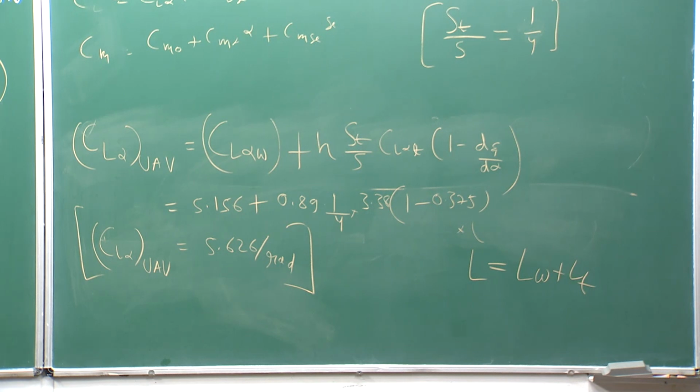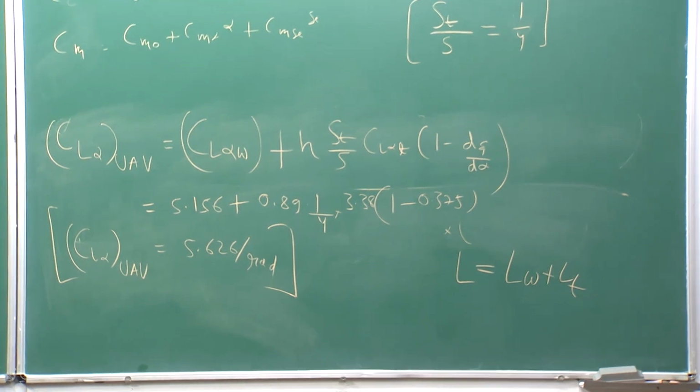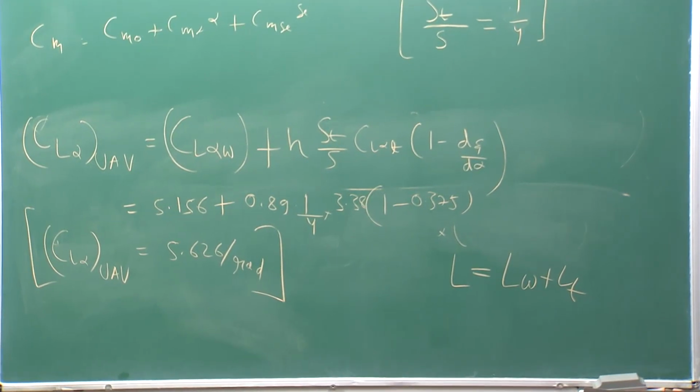So in the third question you have to find the static margin. You know that static margin is the distance between neutral point and xCG with respect to the mean aerodynamic chord.